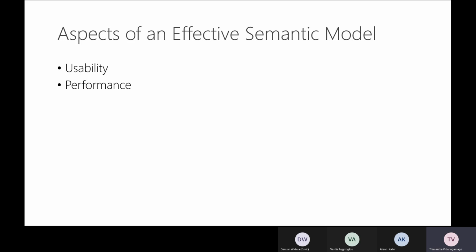So when it comes to an effective semantic model, it can't be a semantic model that's highly optimal and doing really well in performance but does not have a decent record in terms of usability. If a data model does not maintain a good level of usability but is doing really well in performance, that does not mean it's an effective semantic model.